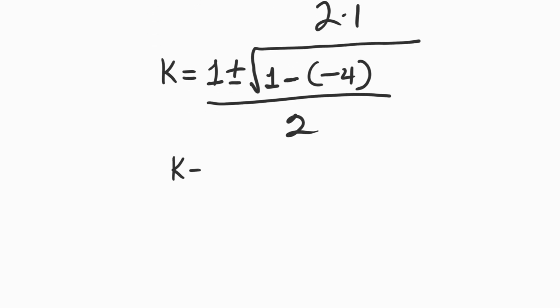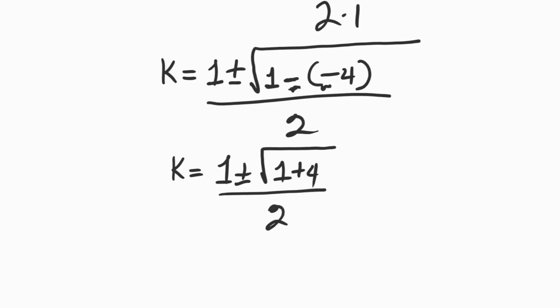Now our k is equal to 1 plus or minus the root of, minus times minus gives us positive, so we have 1 plus 4, divided by 2. Now this becomes 1 plus or minus root 5 divided by 2.